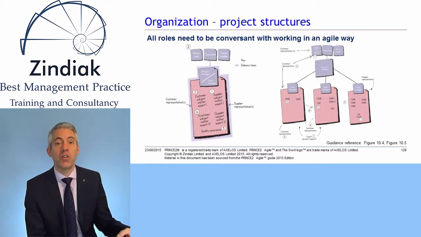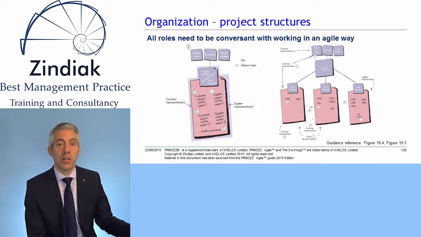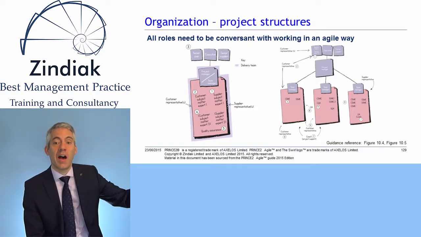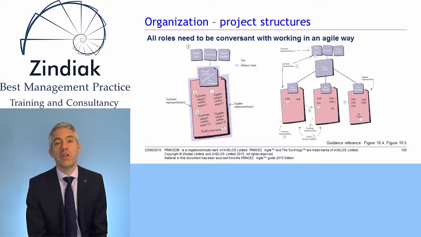We may have other customer representatives outside the delivery team but who want input into what the delivery team are doing, both at a low level, at the delivery team level, and at a higher level. So sometimes the customer representative at the higher level can be referred to as a senior product owner or a super product owner.